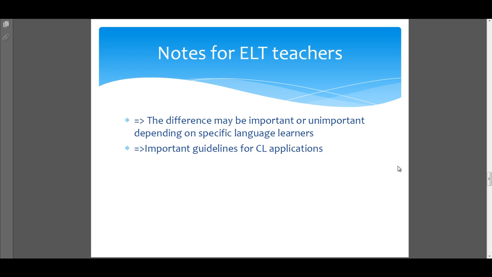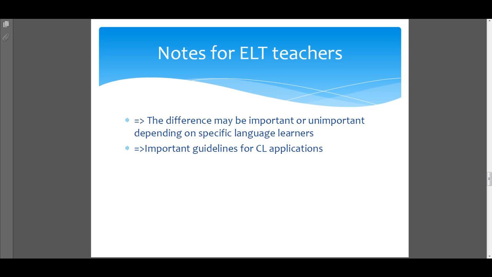It's also important to bear in mind that the differences can be important or unimportant depending on specific language learners.